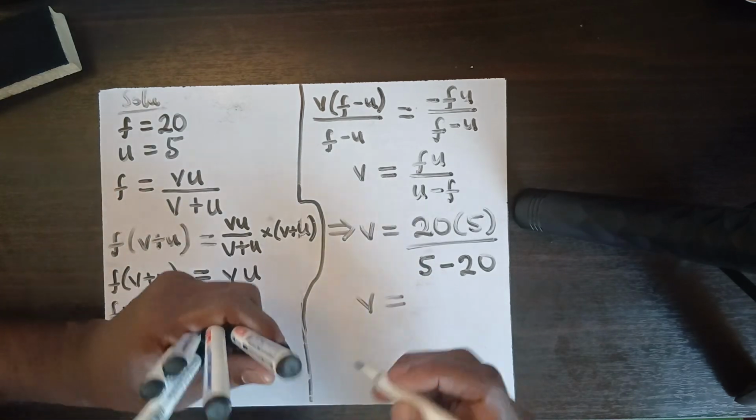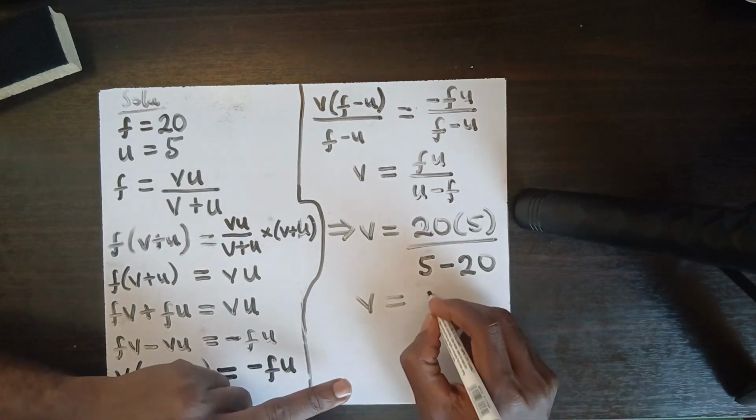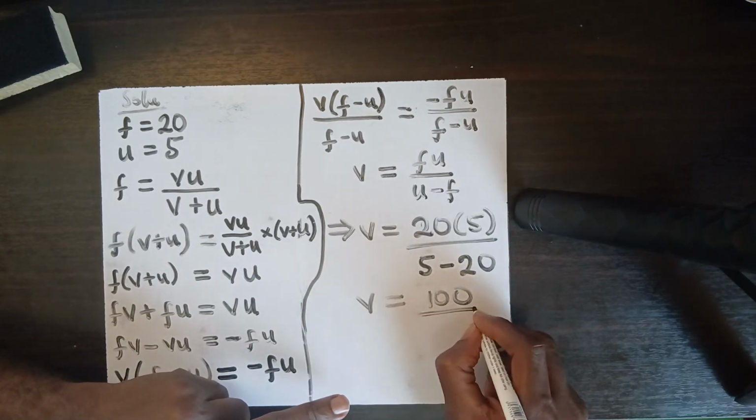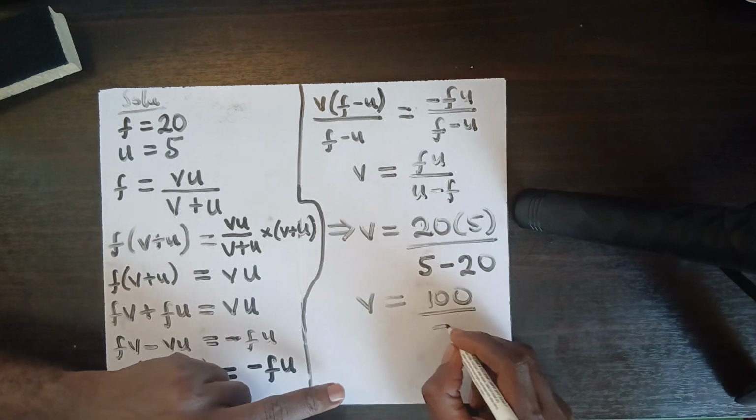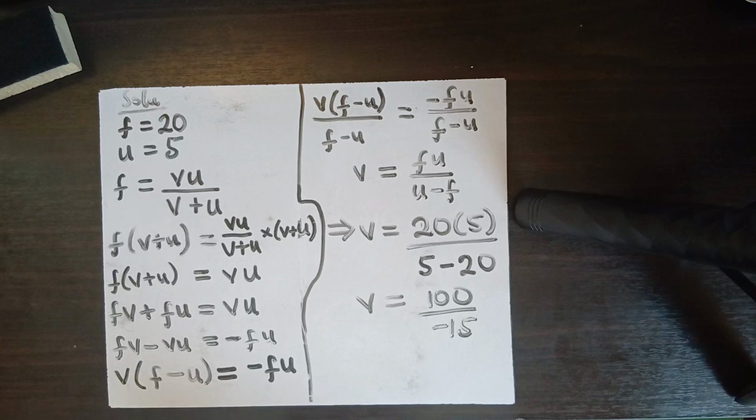So it means V is equal to 20 times 5 is 100 divided by 5 minus 20 is negative 15. So negative, it means I have 100 divided by negative 15.